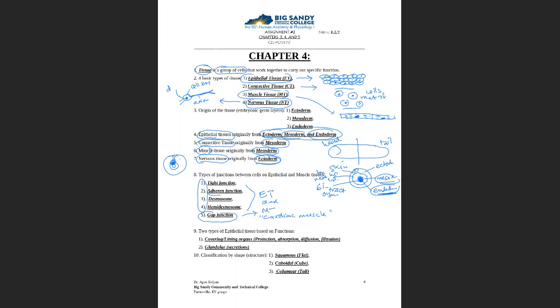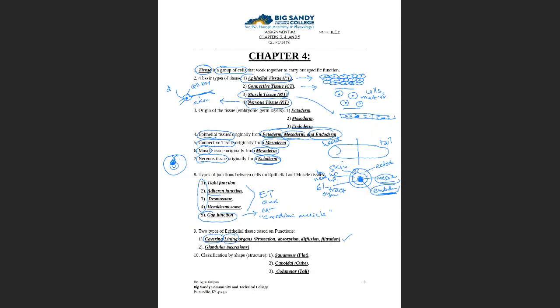Number 9, epithelial tissue based on function. There are 2 types. The first one is used for protection, absorption, diffusion, or filtration. They are usually covering the organ or lining the organs. So they have these functions.